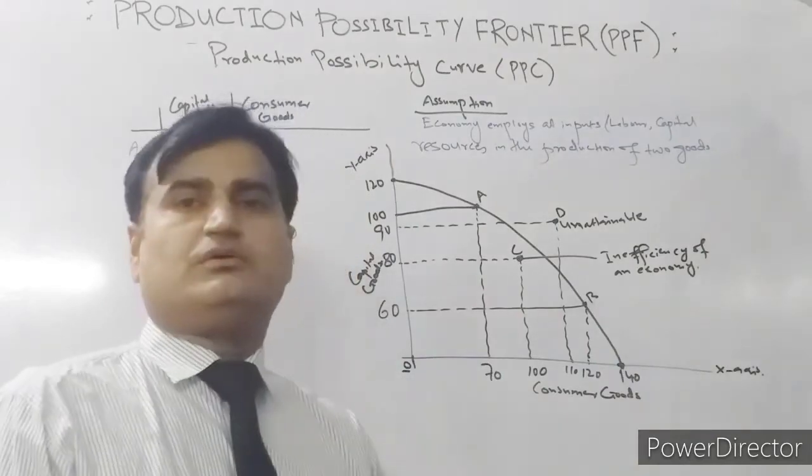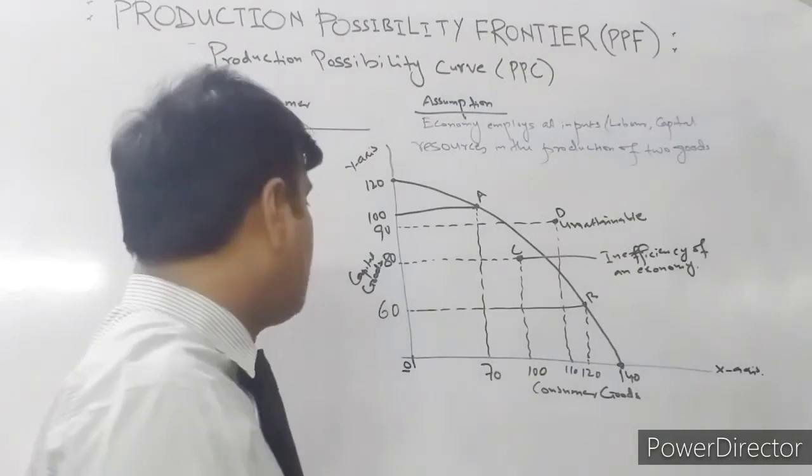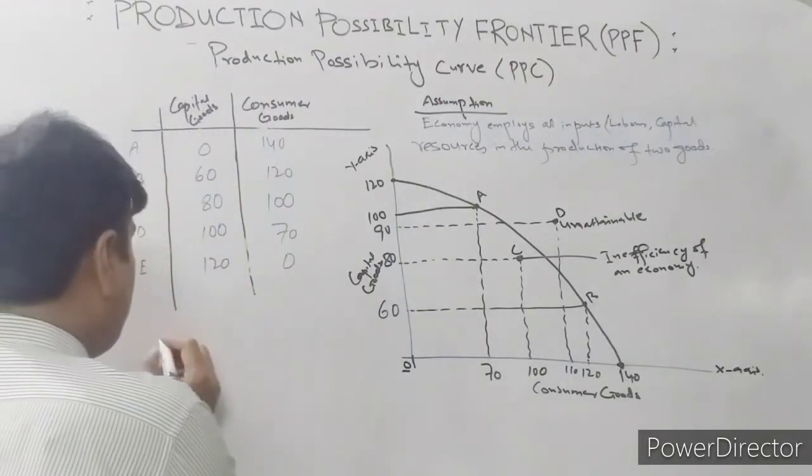Now we are talking about the main characteristics of PPF. PPF has two main characteristics. One, it is downward sloping, negatively sloped.